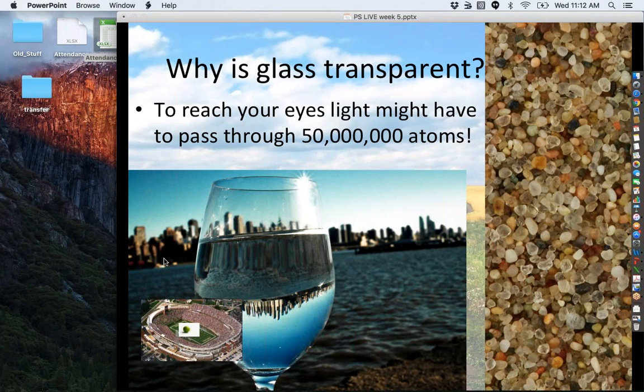So the better question might be, why is it that light doesn't just pass through everything? If atoms are mostly empty space with this tiny little nucleus in the middle, why is it that light doesn't just pass through everything? What do you think?